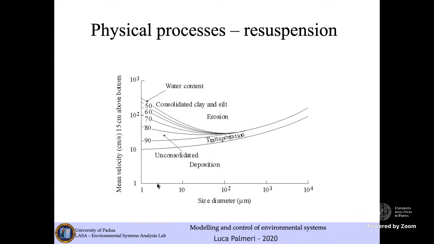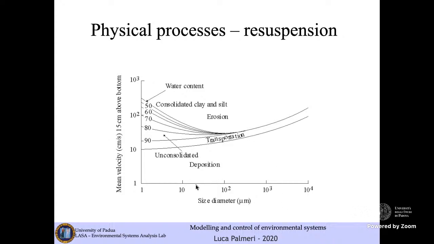This quantity of sediment depends on the speeds of the water at 15 centimeters. So how much the water is moving and generating this vertical shear stress force that moves material from the bottom towards the upper part.